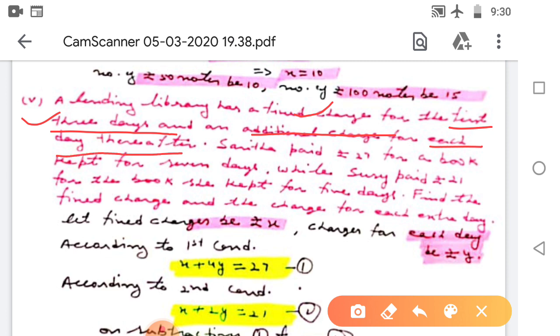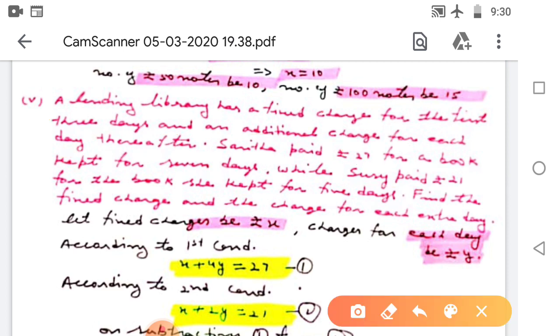So you have to pay the additional charge if you keep the book beyond 3 days. Sarita paid 27 rupees for a book kept for 7 days, while Susi paid 21 rupees for the book she kept for 5 days. Find the fixed charge and the charge for each extra day.